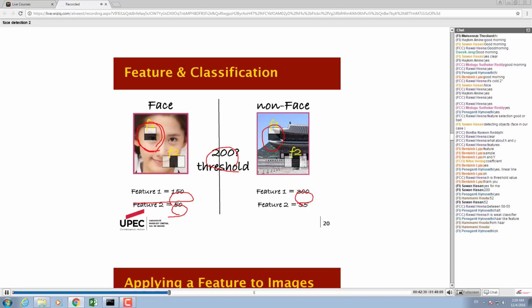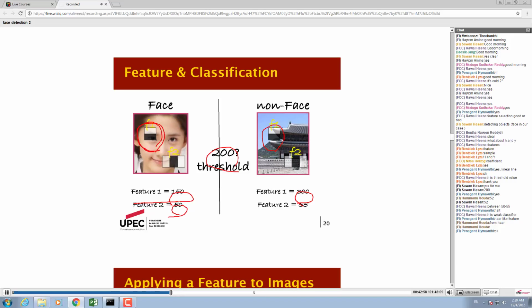In this process, as we have already discussed, we have a feature, and we have positive and negative samples, the face and non-face. When we apply the feature to the positive and negative samples, we can analyze the values and find the threshold.